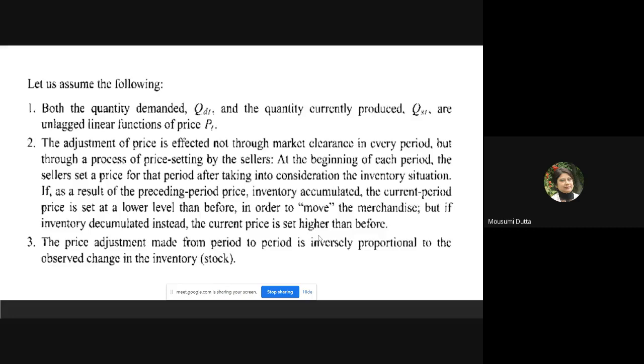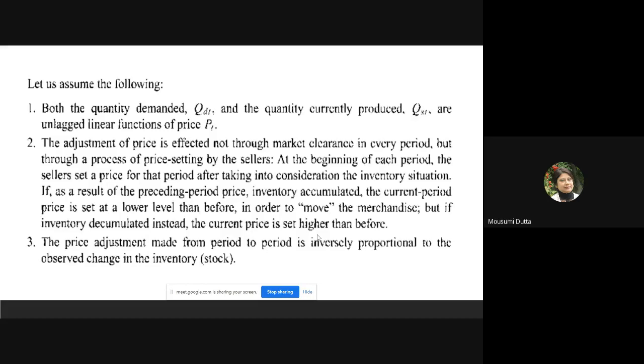Third, the price adjustment made from period to period is inversely proportional to the observed change in the inventory. I'm repeating, the price adjustment is inversely proportional to observed change in inventory or stock. If there is positive inventory, there will be a reduction in price. If there is negative inventory, there will be an increase in price.